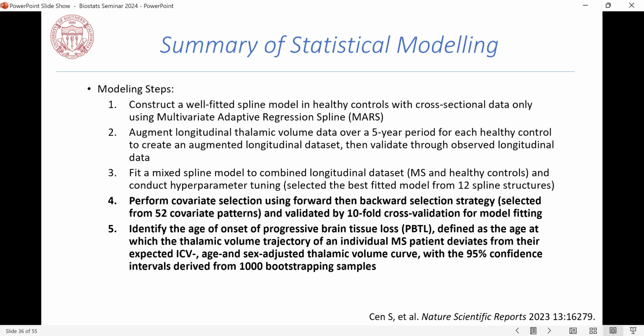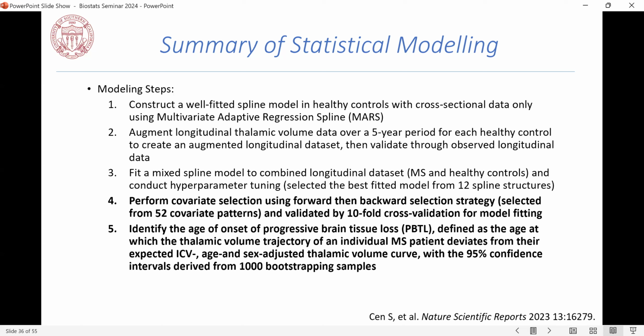The so-called twin means you match all those characteristics: the same brain size, same age, same sex. We call this the twin. So you get the expected longitudinal value, and then the inference comes from bootstrapping.